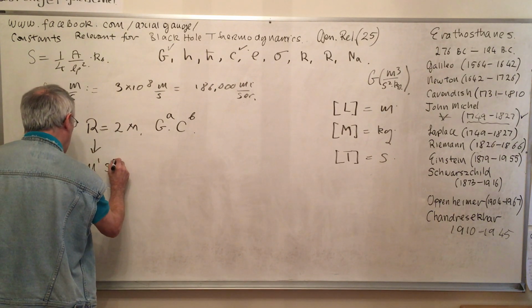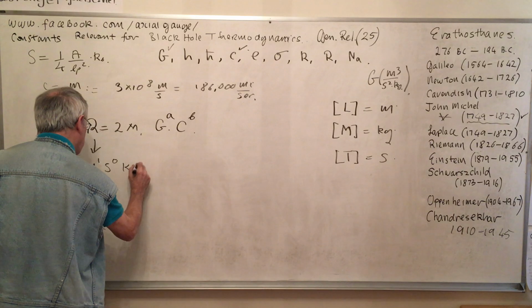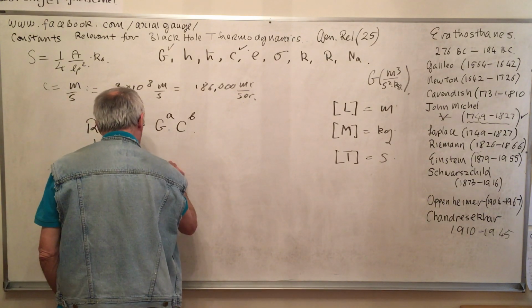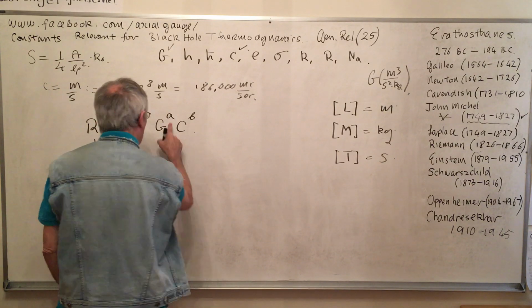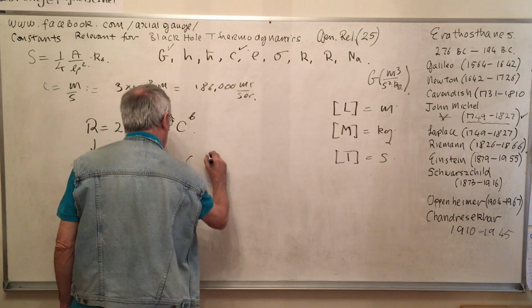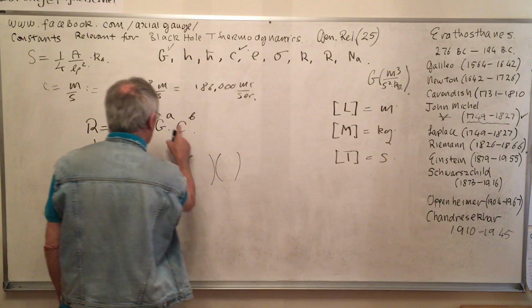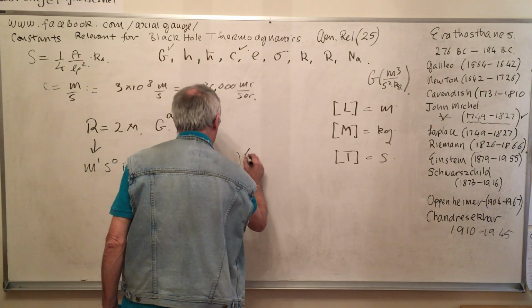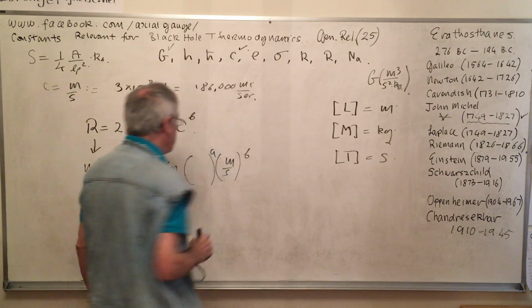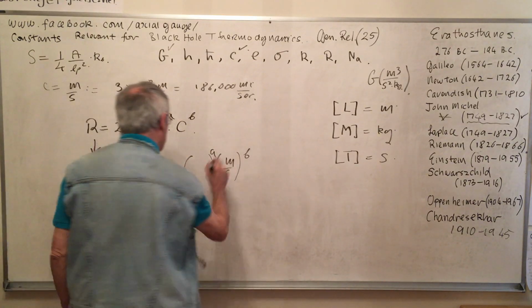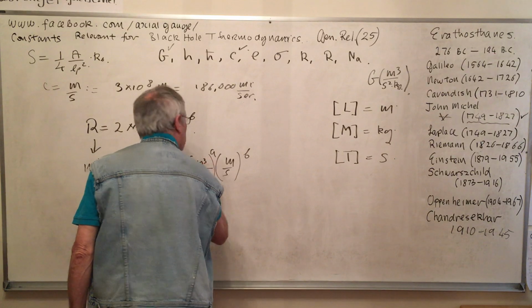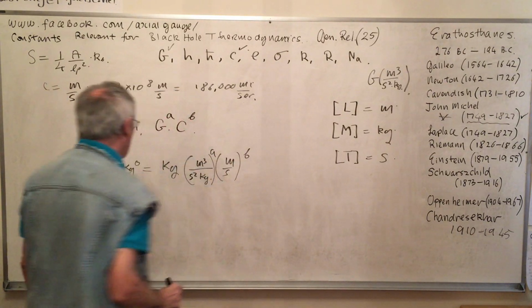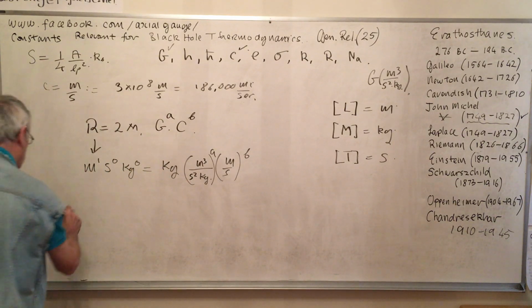We do not have time, and we do not have mass on the left-hand side. But we do have mass on the right-hand side. And we do have the G to the power of a. And we do have the speed of light to the power of b. Well, the speed of light is meters over seconds, and the G is meters cubed over seconds squared kilograms. So now we write dimensionally consistent equations.